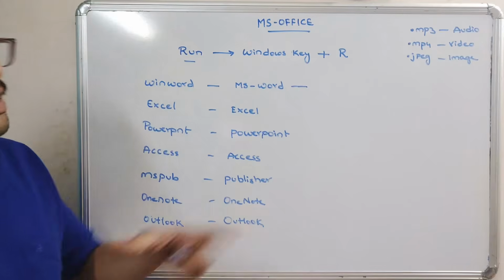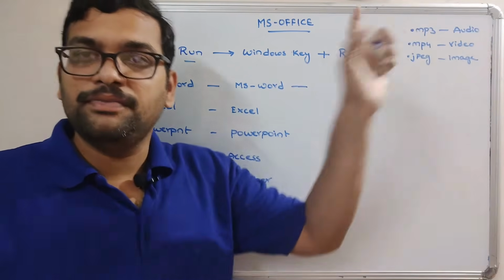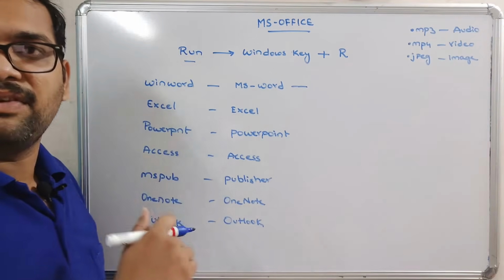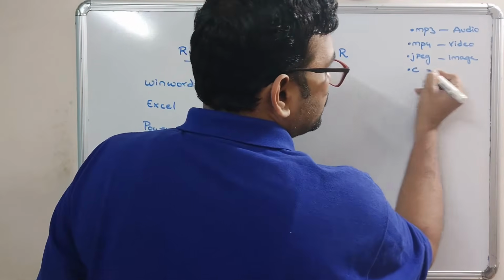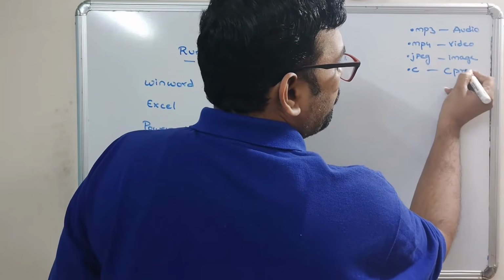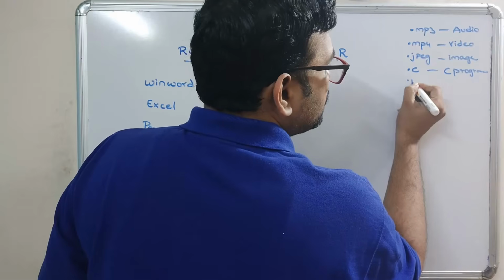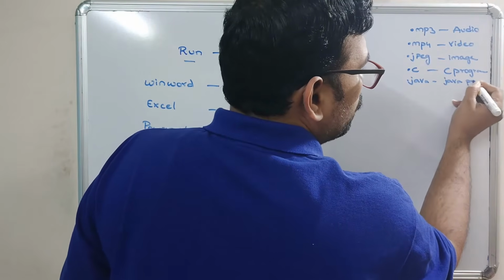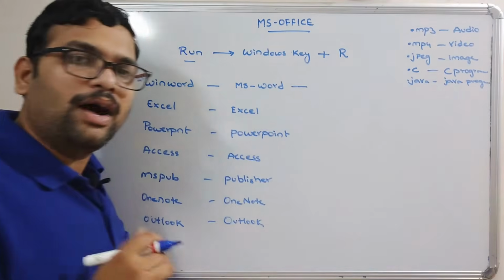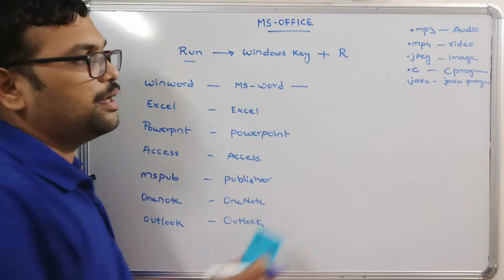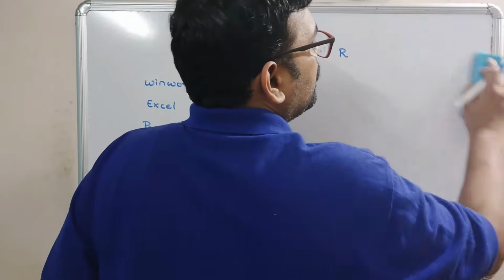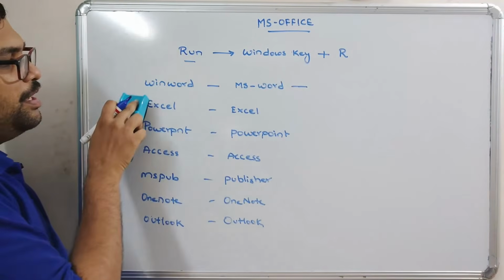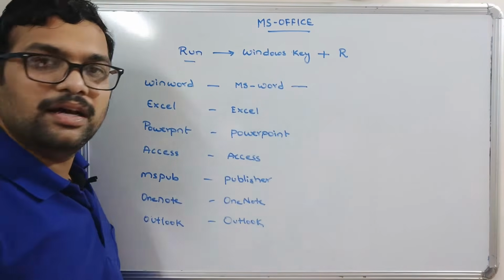So based upon the extension, we know what type of data is available. If it is .c, that's a C program. If it's .java, it's a Java program. So without opening the file, we can know what type of data is available in that particular file.